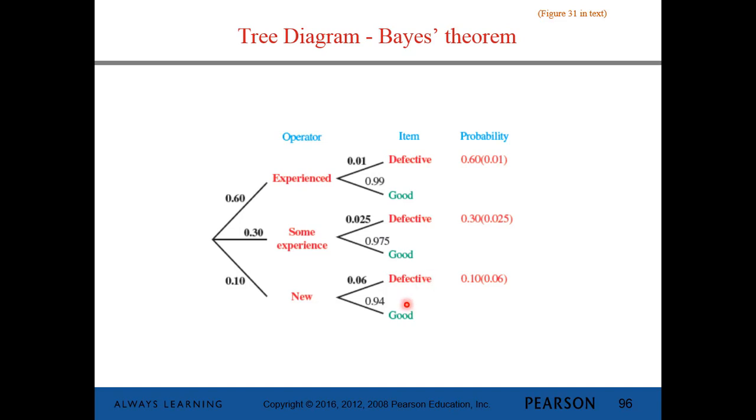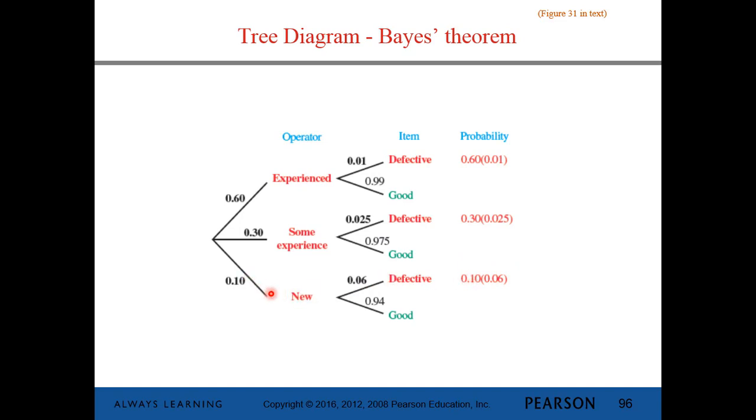So what I would do is think about the conditional probability. I want the probability of being both new and defective. So that's going to be this probability right here, divided by the probability of being defective.